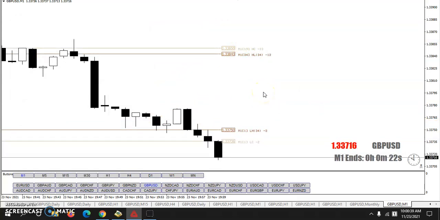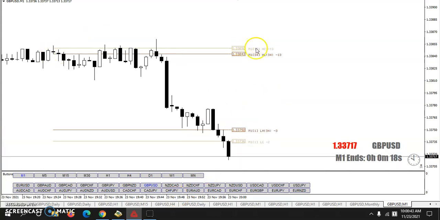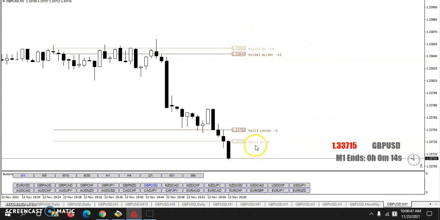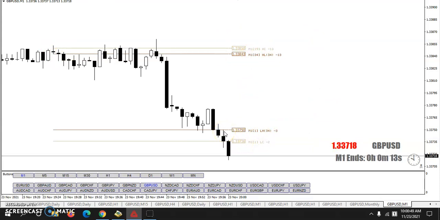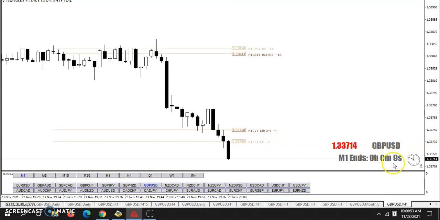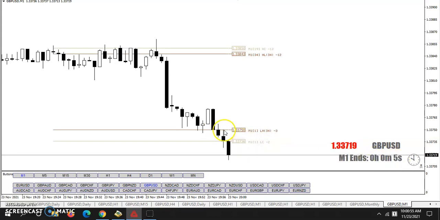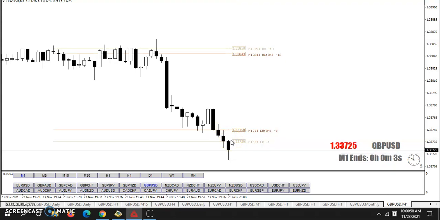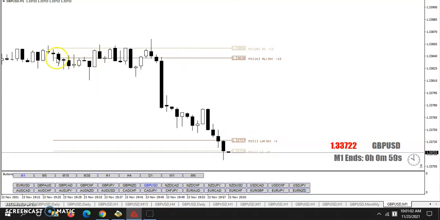So what happens is, as price is moving down here, we're looking at the last 34 bars, it will show you the lowest high. So it's going to wait for this bar to close a few seconds, and then this line will move down. And then this line might move also.